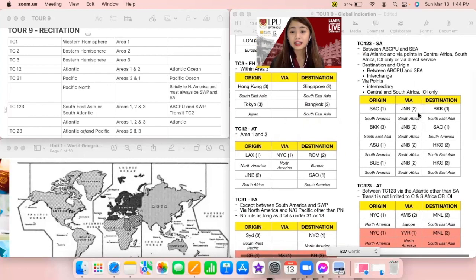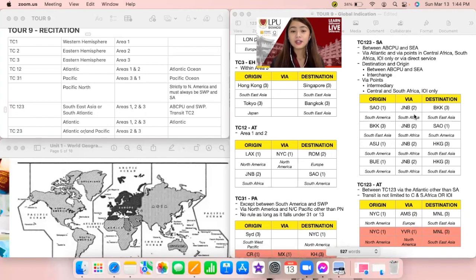Ito kasing SA, yung kanyang intermediary or transit point, limited lang siya sa mga countries within Central Africa, South Africa, and IOI only. Kasi 'di ba, ang areas 2 meron tayong Europe, Africa, and Middle East. So, dito sa TZ123 SA, ang transit niya lang ay nagfo-fall sa Central, South Africa, and IOI.